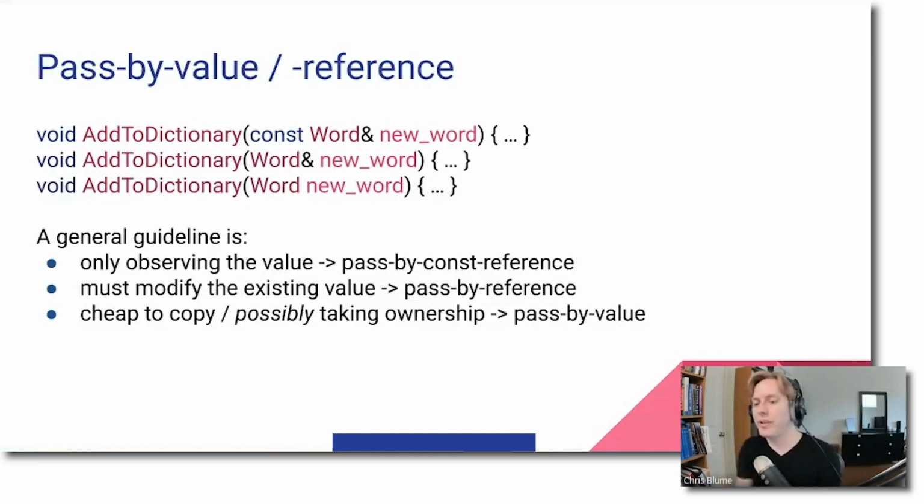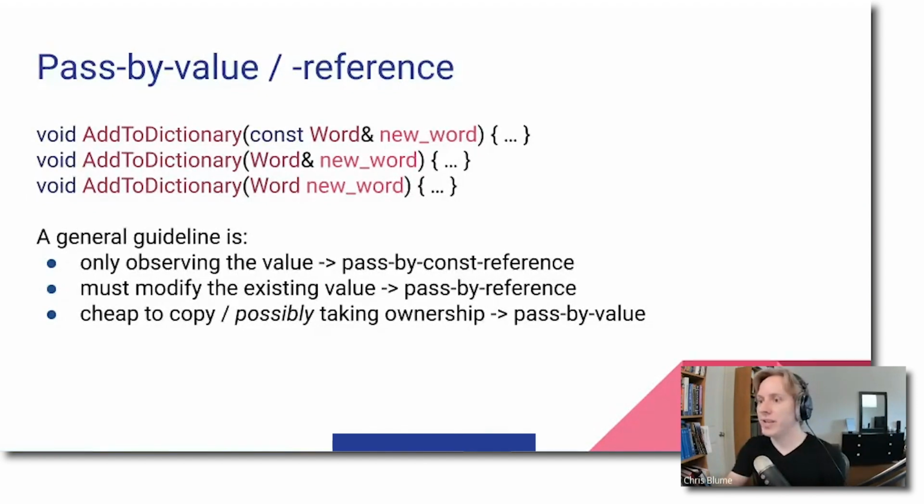So here are those three examples and when you would use each. The top one is if we're just observing the value, then take it as a const reference. If we must modify it, for example, if somebody's giving us an array and saying, can you please initialize my array, then take it as a reference. And the last one is if it's cheap to copy, like an integer, or we're possibly taking ownership.